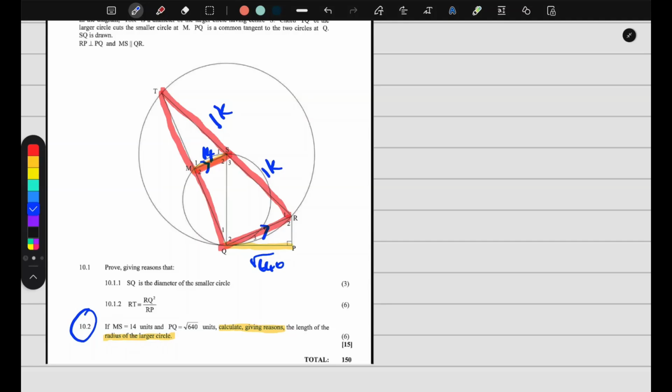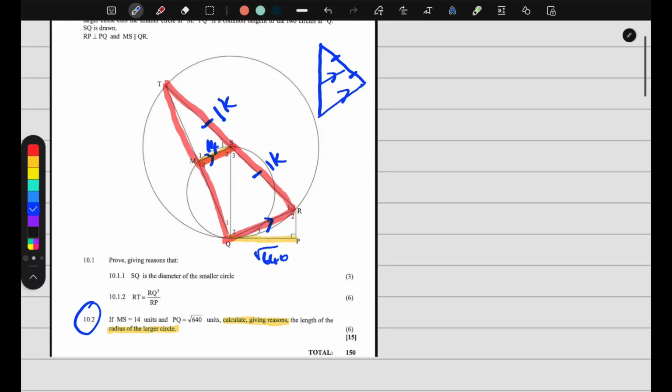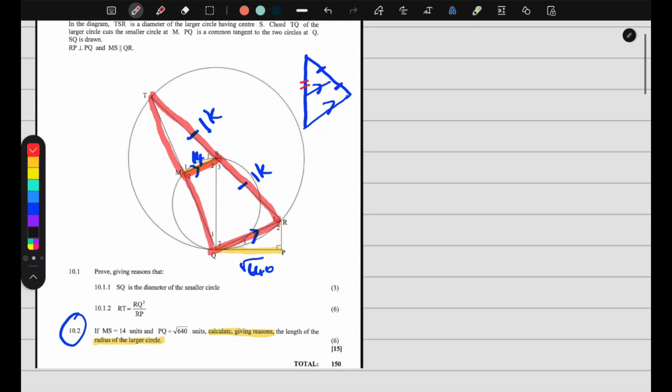Because they are equal in length, so this is equal to that. And the lines are parallel. In grade 10, we learned the midpoint theorem that said, if this is parallel to that, and this is equal to that, then this is also equal to that. And this is half the length of this. Midpoint theorem. So if this is 14, this length is 28.